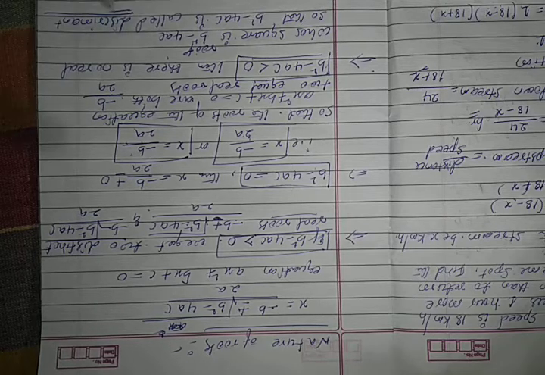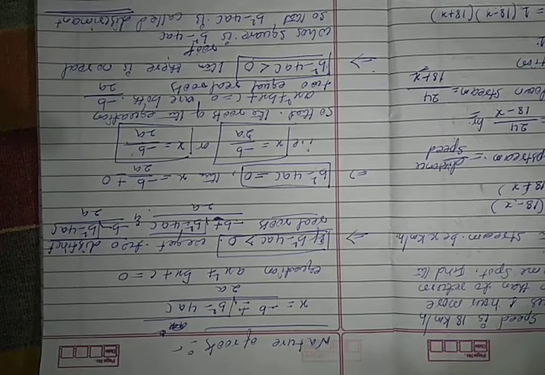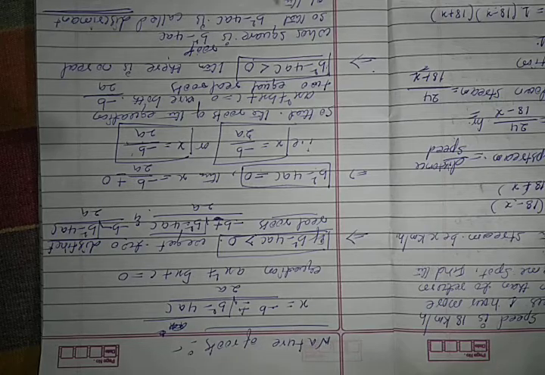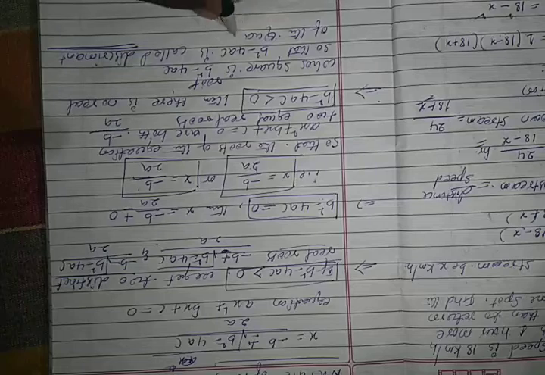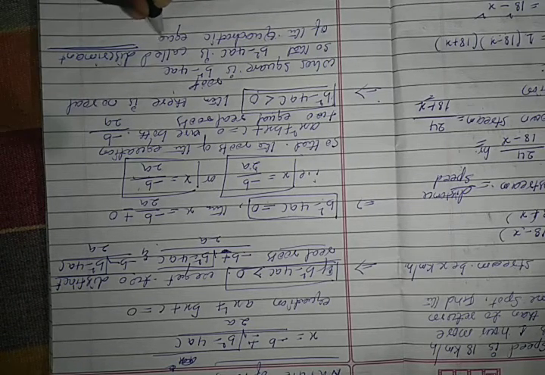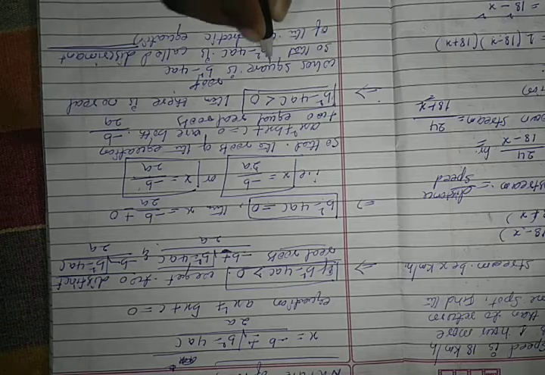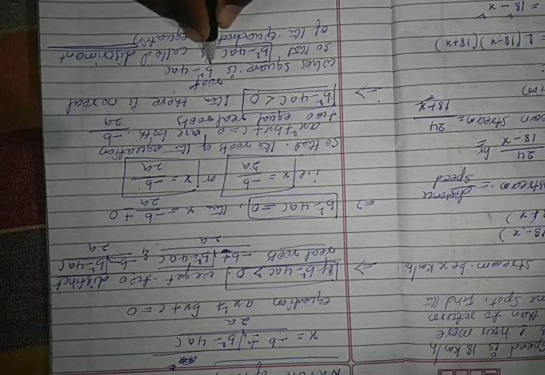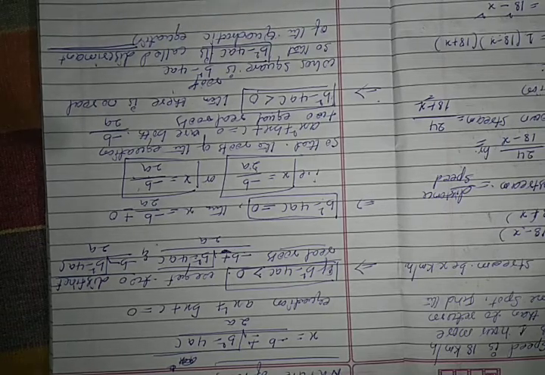Very important. B square minus 4ac is called the discriminant of the quadratic equation.